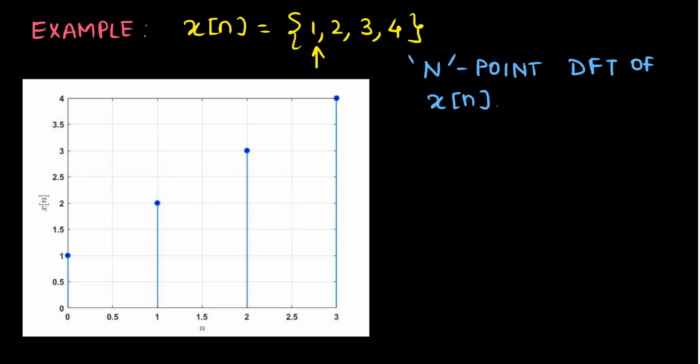Now what should be the value of this N? So the question that now arises is how to determine the value of N. Basically we have three cases for choosing the value of N. The first case is this N is equal to L, where this L is the length of the signal.